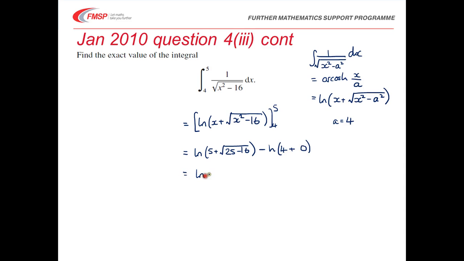So that's log of 25 minus 16 is 9, square root of that is 3, plus 5 is 8, minus log of 4. Using the laws of logs, that's log 8 over 4, which is log of 2.